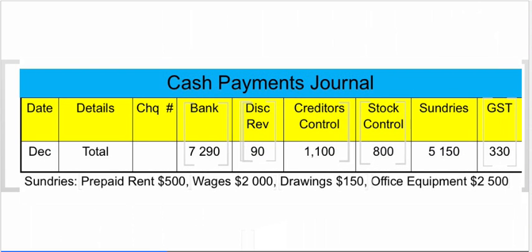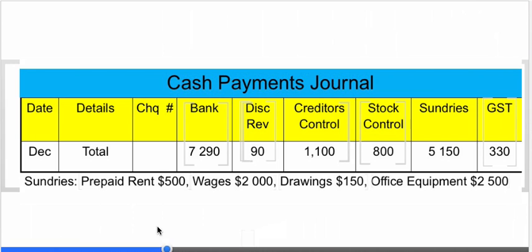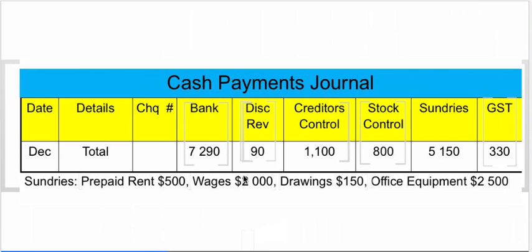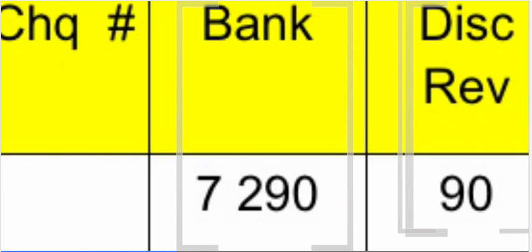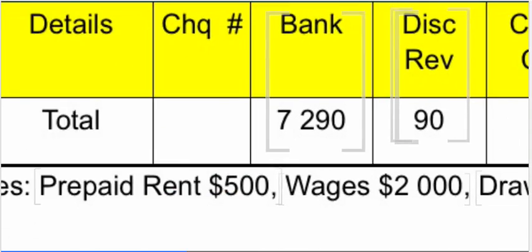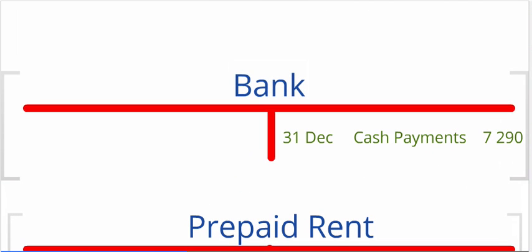I'm just going to go through a quick example of posting to the general ledger from a completed payments journal at the end of a reporting period, December in this case. Note we've got our sundry items down the bottom here. We're going to have to post them as well. So the bank balance. This is our total payments for the month of December. So the impact on the asset bank of paying out money, $72.90, is it's going to decrease our bank balance, obviously.